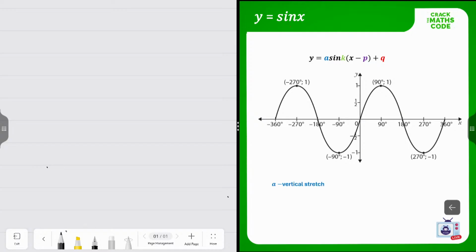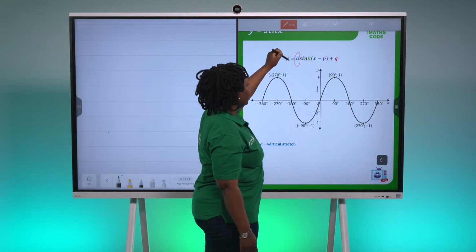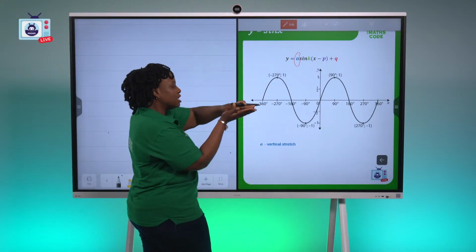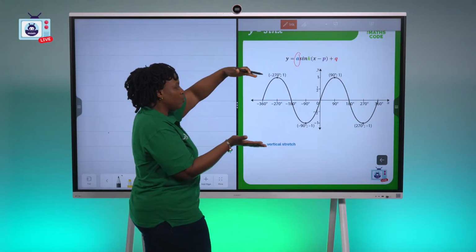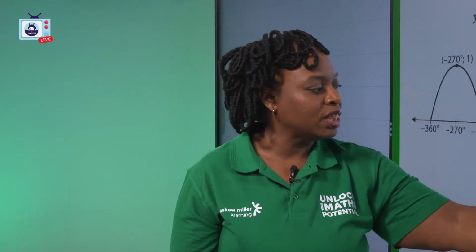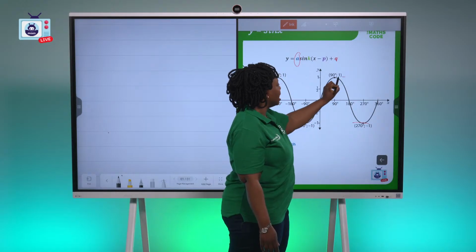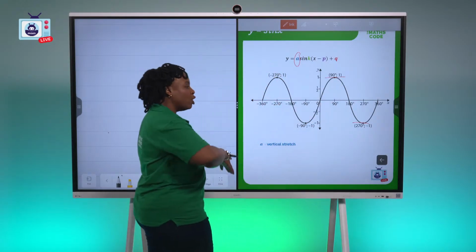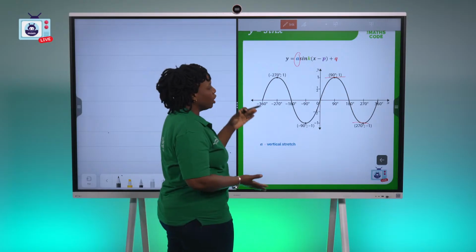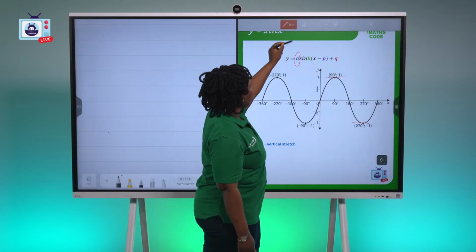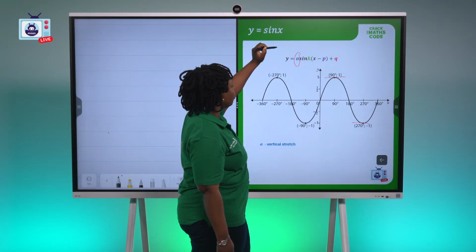So if you check the parameter A, that is written in blue there, this parameter A just shows the stretch of the graph itself. If my value of the parameter A is 1, then my maximum and my minimum values are also going to be 1. So this is where my minimum and that is where my maximum values of the whole graph of sine will be. So that is the impact of our parameter A, right?